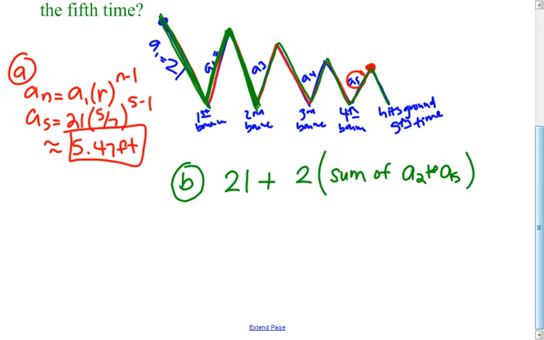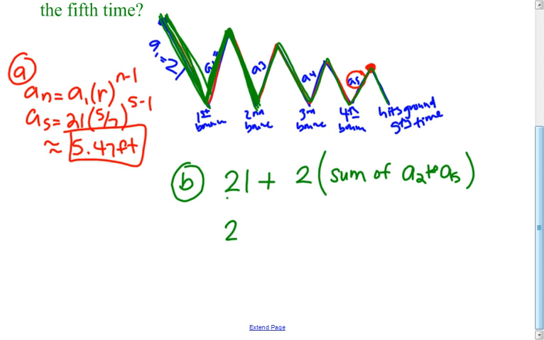Okay, again, the 21 comes from right here, and then this is the second term, but it goes up and down that same distance, so you have to add it twice. The third term goes up and down, so you have to add it twice. The fourth term, but this first term, this 21, it only goes down that far. It never comes back up 21 feet, it only goes down that far. So you don't want to really worry about that.